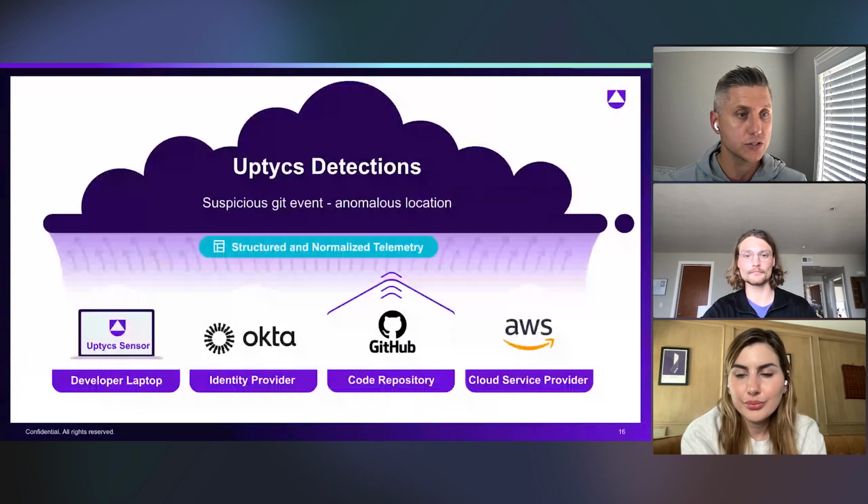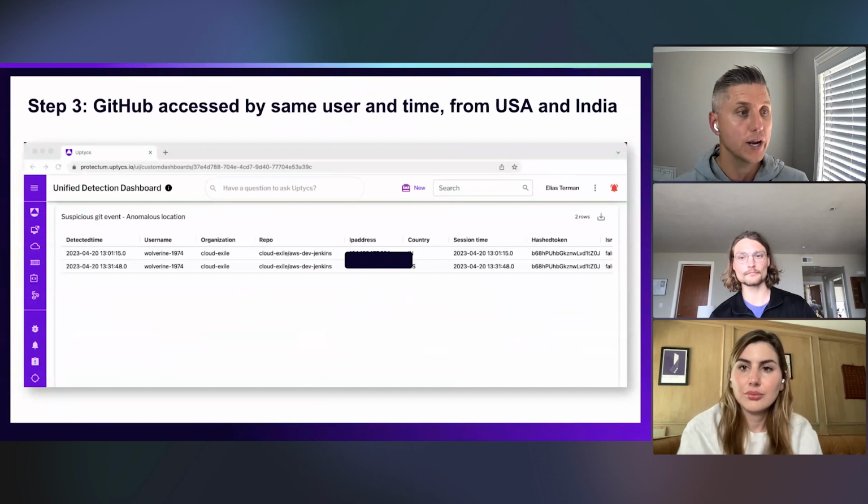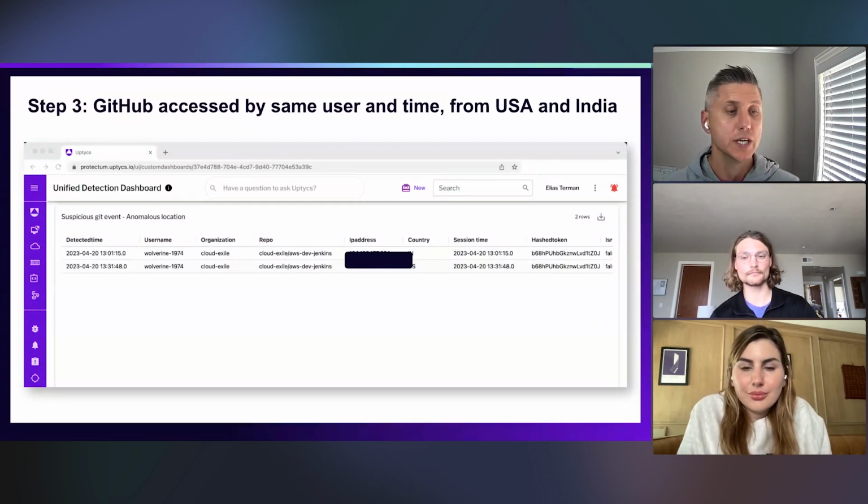And again, just to validate, we upload the data into our cloud, and as we'll see on the next slide, we can actually detect a suspicious Git event from an anomalous location.